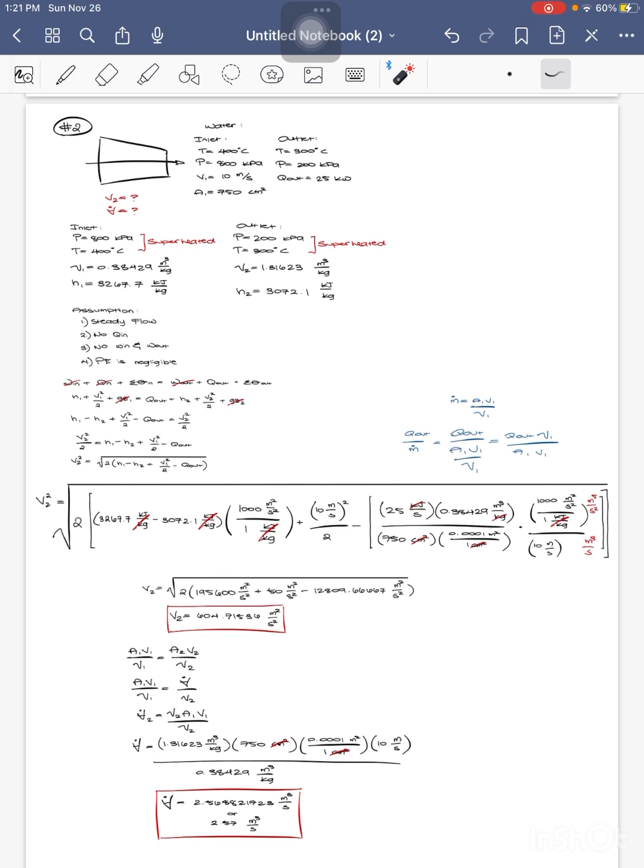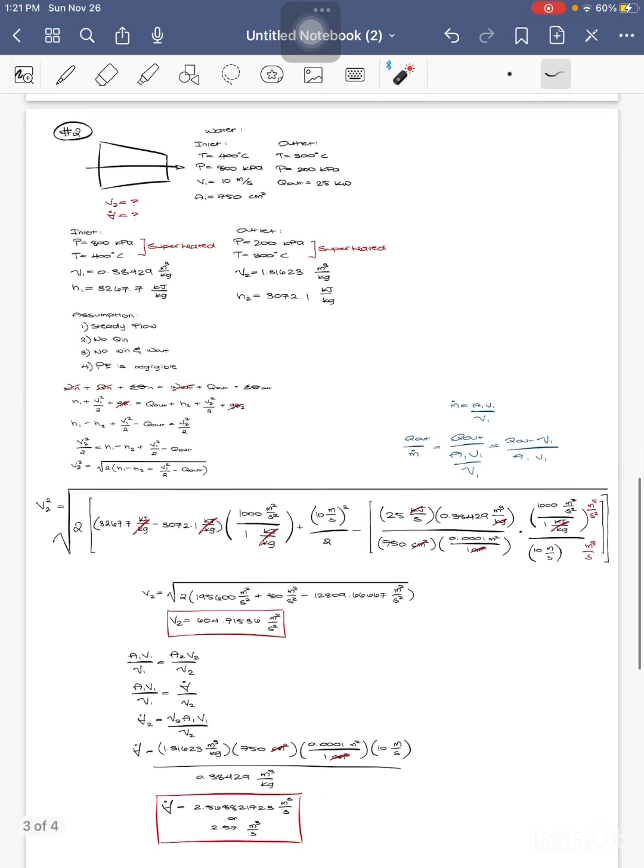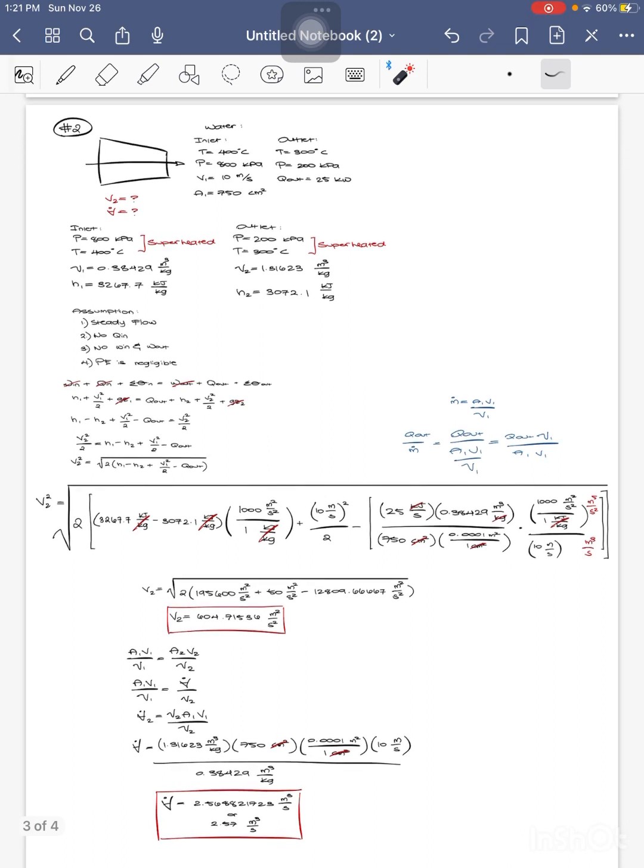Next, I list down my assumptions. First, it is a steady flow process. Second, it has no Q in or heat in. Third, there is no work. And fourth, PE is negligible.